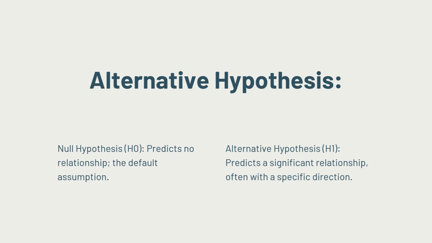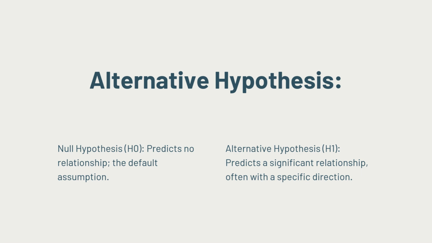The alternative hypothesis, which is the H1, and the 1 should be denoted as a subscript, on the other hand, is what we're actually interested in testing. Okay, so this hypothesis predicts a significant relationship between variables, and it often includes a direction.